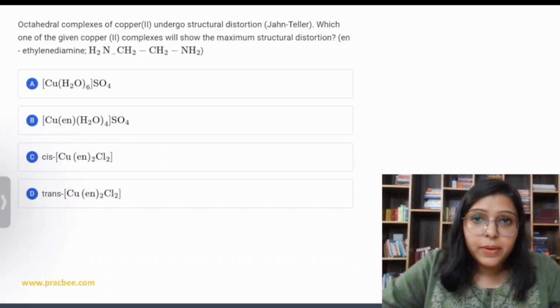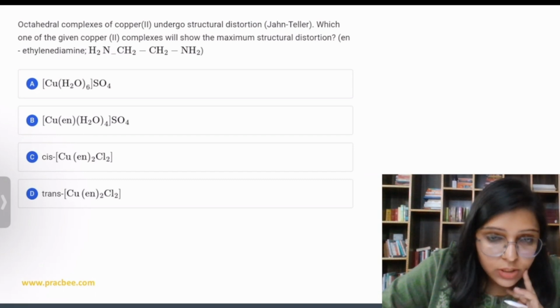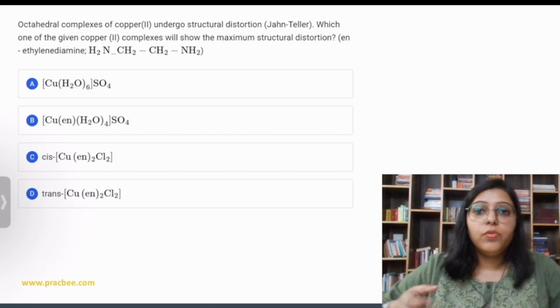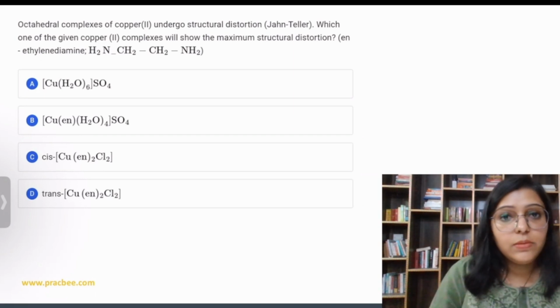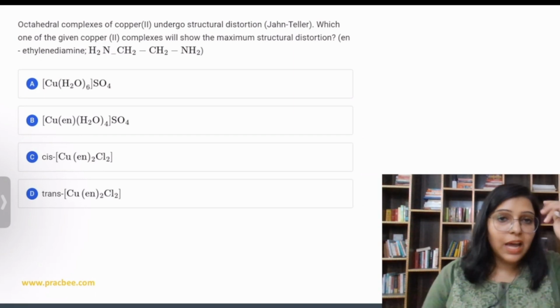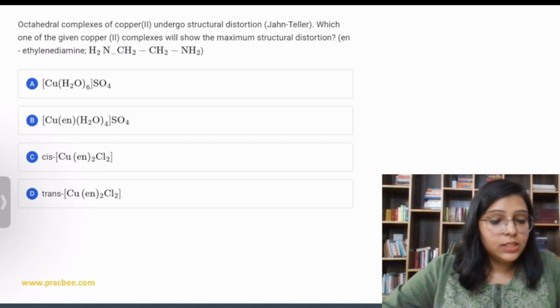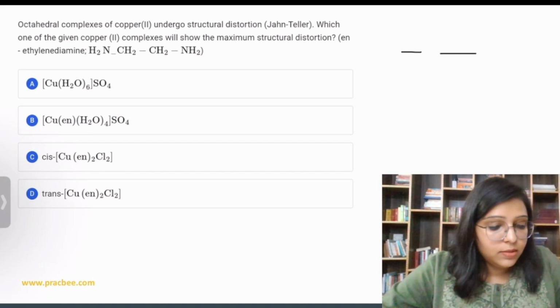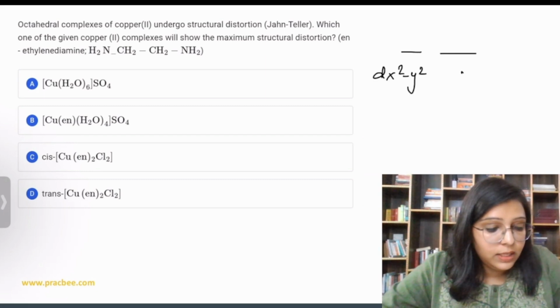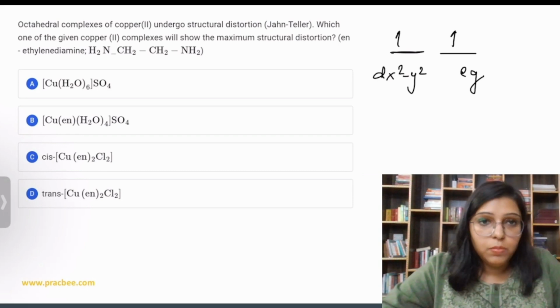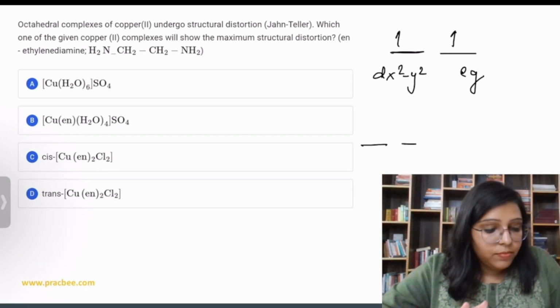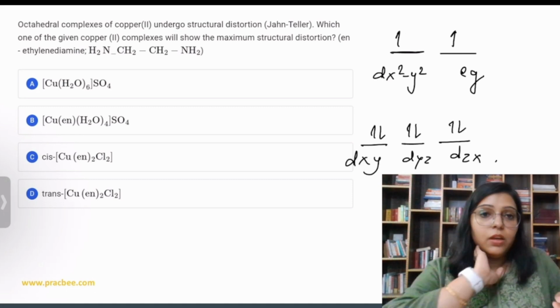Okay, now let's do the next question. Octahedral complexes of copper undergo structural distortion, Jahn-Teller. Which one of the given copper complexes will show the maximum structural distortion? See what happens in Jahn-Teller distortion. Suppose we have two orbitals, dx square y square and dz square, the eg orbitals, and suppose we have one electron in each. And we have the t2g orbitals, dxy, dyz and dzx, with six electrons.